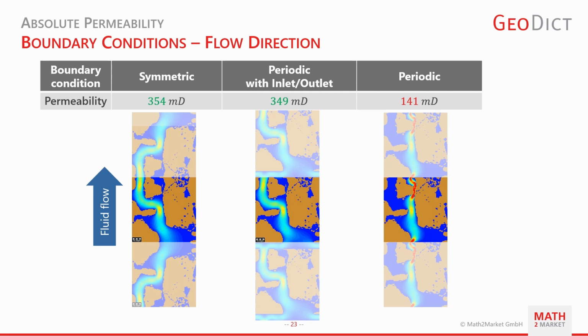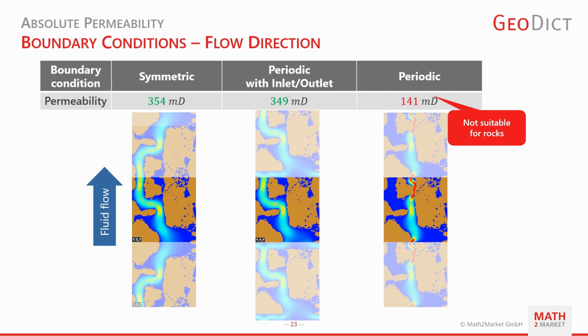But before we start our own simulation of the Gildehauser sandstone, just one word about the boundary conditions in flow direction. On this slide, the effect of the boundary conditions on permeability is displayed. As you can see, the permeability is artificially reduced by choosing the periodic boundary conditions without any inlet.